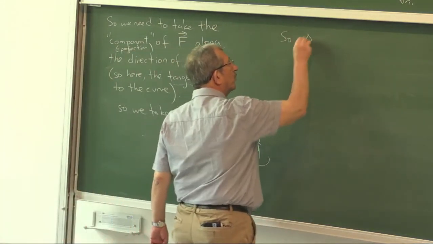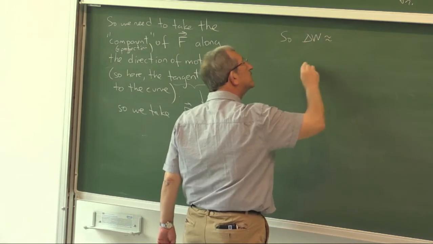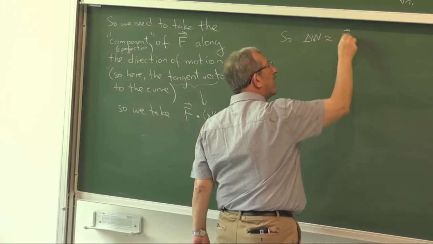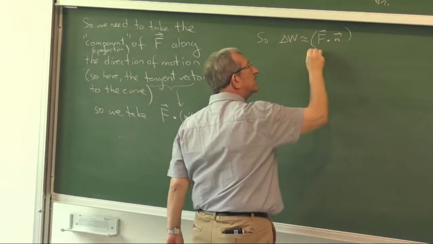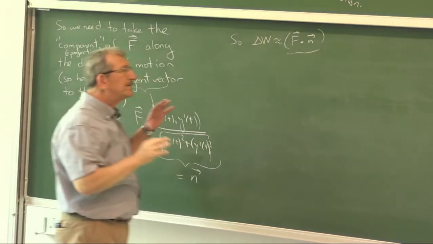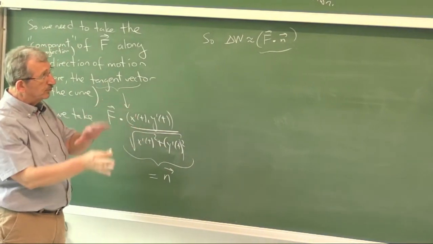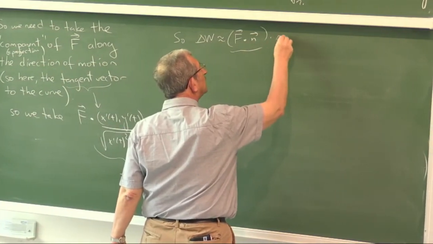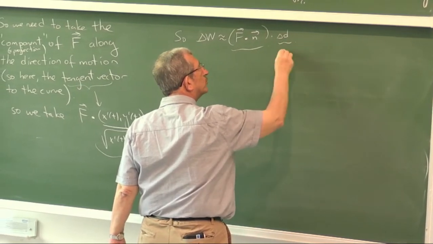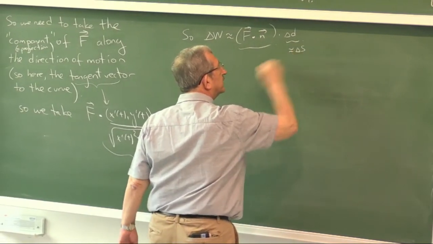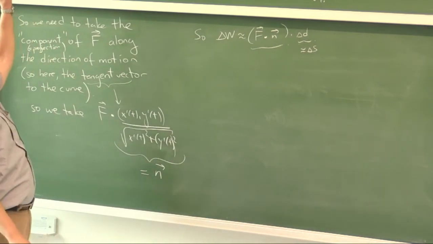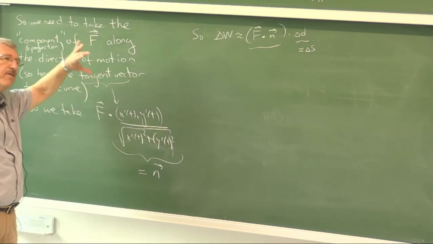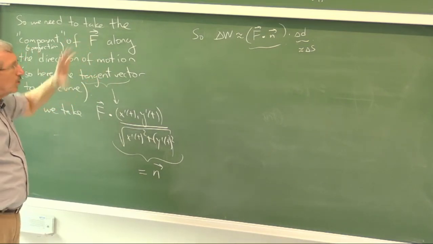So what happens? So delta work is, we can use the formula now. The function, which is f dot n. Now this force is in the direction of motion because we took the dot product with n, times delta d, which is of course delta s, because delta d is a part on the arc which we identified with the length on the tangent line, so that we could use the formula.